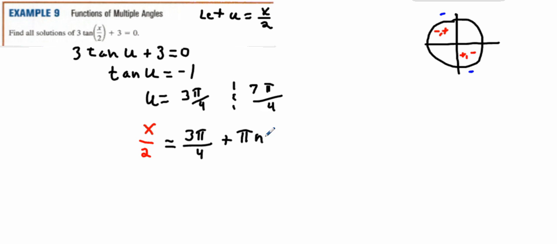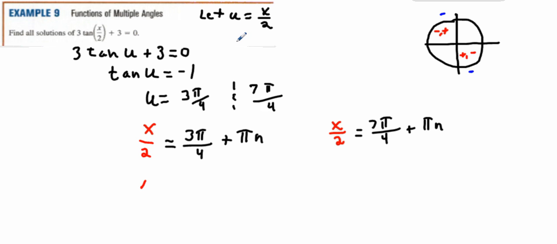And our other angle, x over 2 is equal to 7 pi over 4. And again, not a specified interval, so we want our general form, and that's plus pi n. So far, nothing's changed in our solving other than we made it look like something we know how to do with a u, and we just substitute it back, but solving's still the same.